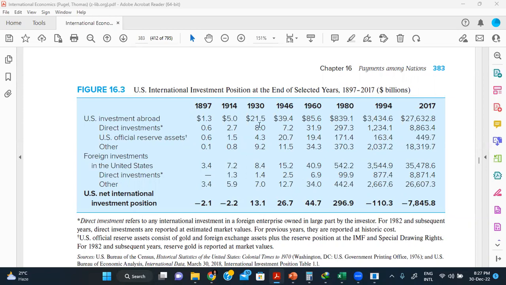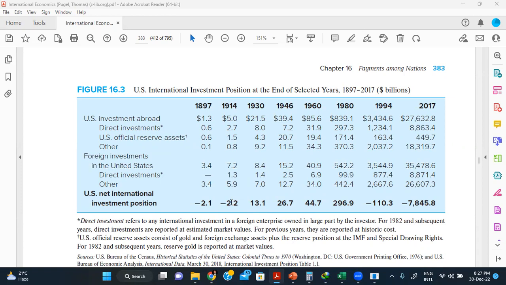Now let's look at the figures for 1930. It is after the First World War, about 10 years later. What do we see? Did the US turn out to be a net creditor or net debtor? The US turned to a net creditor from the net debtor position.